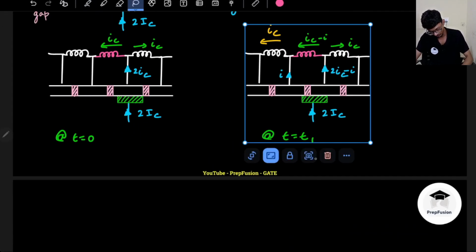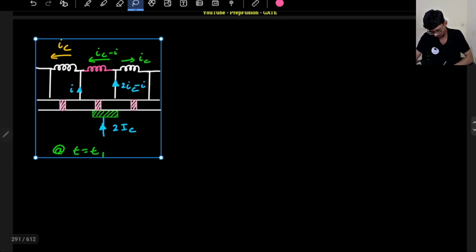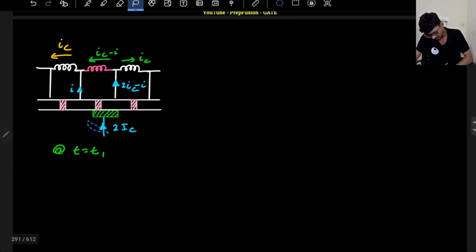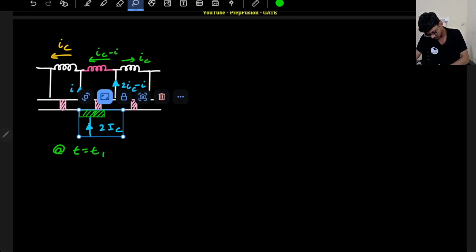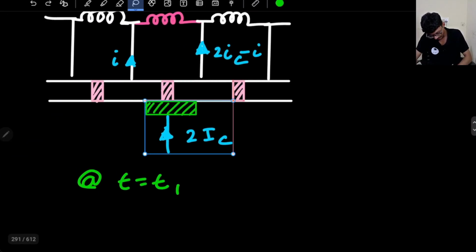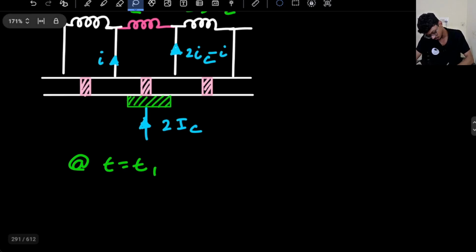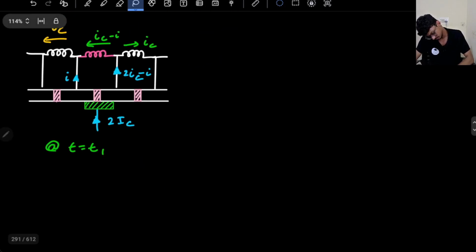Let me move further. If I move it further, this will go backwards more, right? At a certain stage, the air gap will be exactly at the middle. So 2IC is going here, so IC will go here, IC will go there.